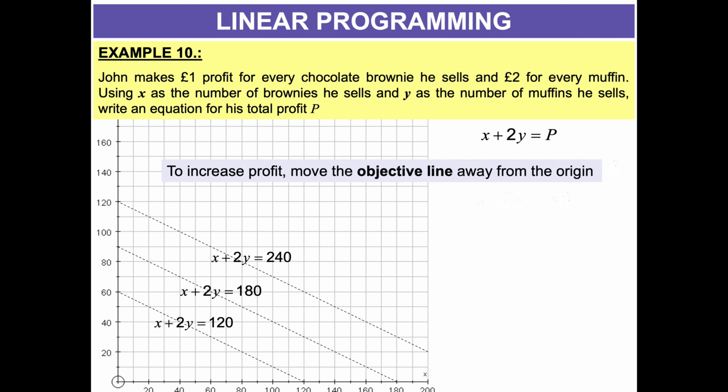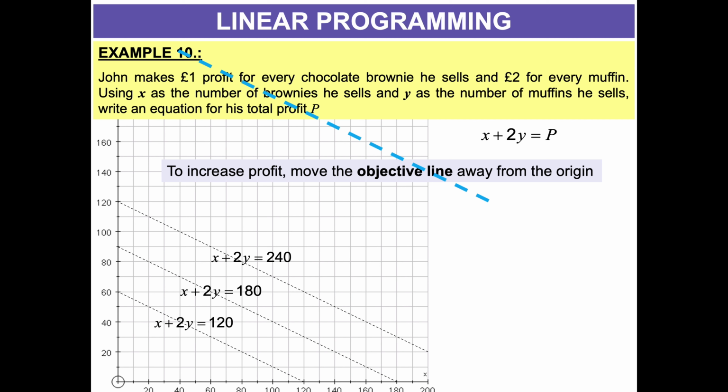Okay, and then you can realize that if you want to increase the profit, the objective line is moving away from the origin. This will be very handy and useful in the problems that are coming, because we will be asked to identify the optimal solution, where we're going to use this method.